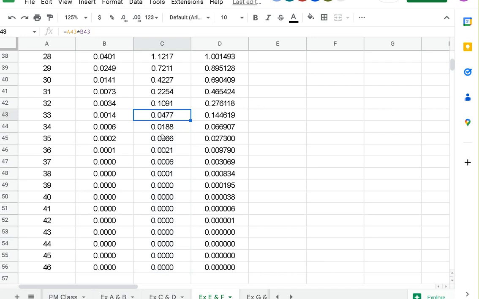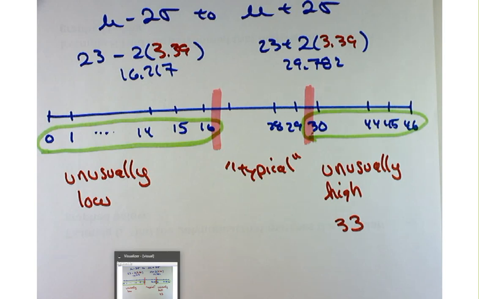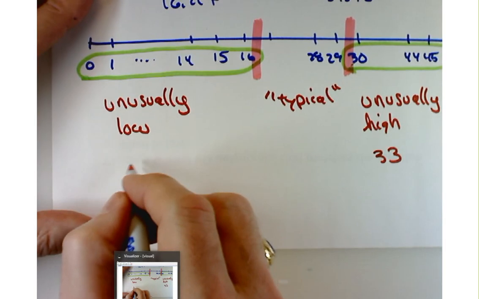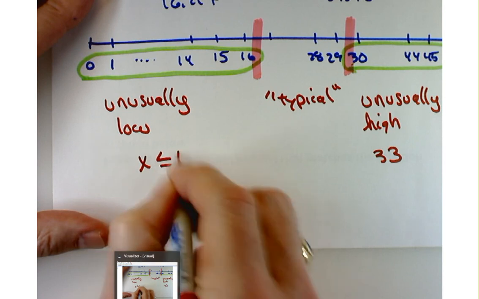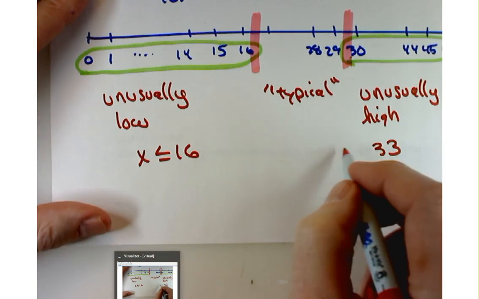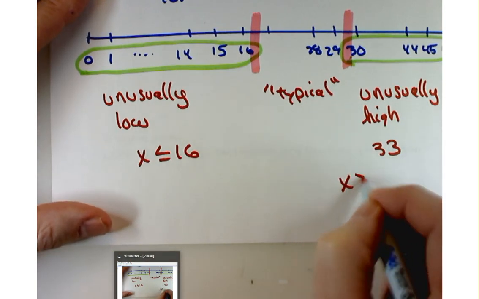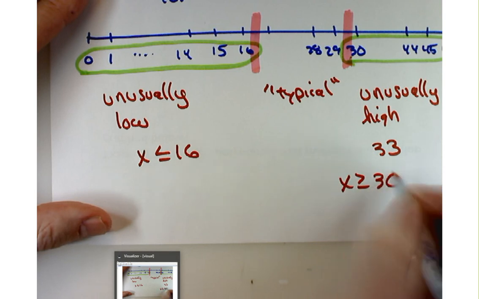Yeah, there's a question over here. So for the previous one, if I just answered that question for significantly high or low, can I just put like the greater than or less than symbol and put that value? Yeah, I think that's what Aiden was asking. So unusually low, you could say x is less than or equal to 16. Unusually high, you could say x is greater than or equal to 30. Okay.